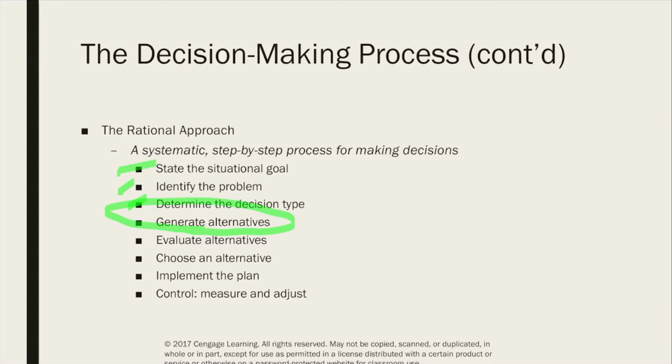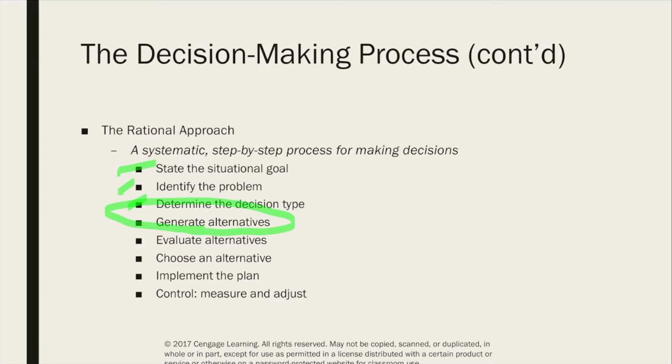And the ones who were the know-it-alls were the ones that got them all in trouble because they gave bad alternatives. So here you want to generate as many alternatives as possible. Now, you have different options in generating alternatives at your disposal. There's something called the Delphi technique.